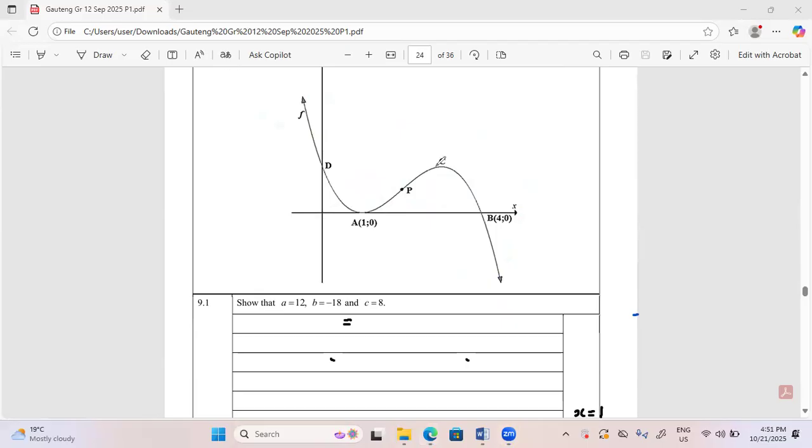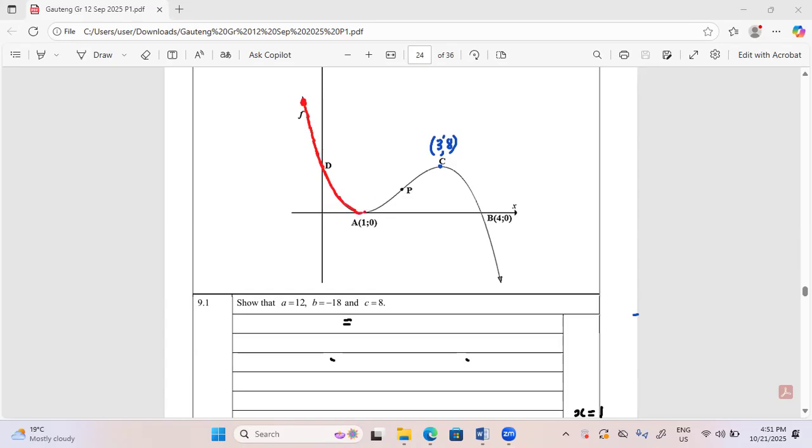Before I do that, let me remind you that the coordinate of C is 3 and 8. Now, if you look at this graph, let's observe it from the left. It's going down, which means it is decreasing, up until the point A.